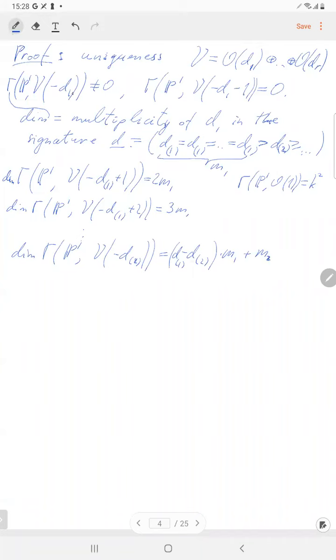So you know what D2 is and what is its multiplicity.